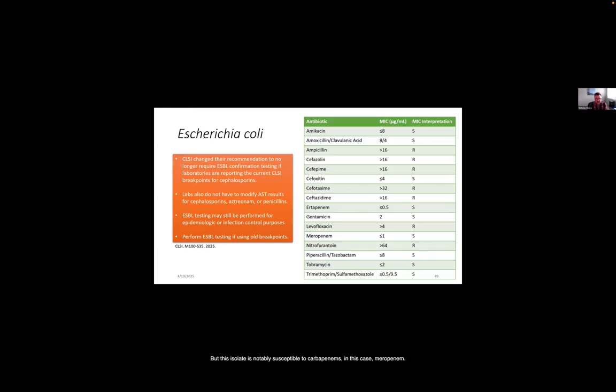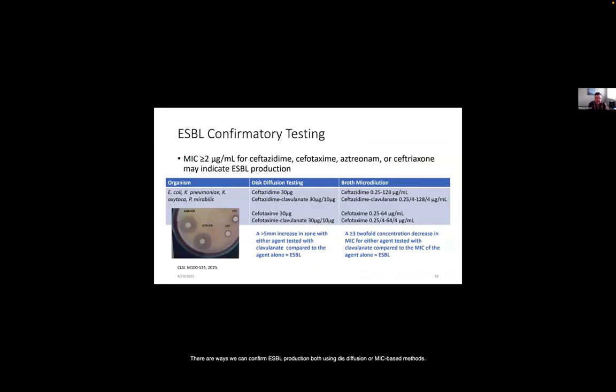But this isolate is notably susceptible to carbapenems, in this case meropenem. So we would think in this phenotype, this patient might have an organism that possesses an extended-spectrum beta-lactamase, or an ESBL. There are ways we can confirm ESBL production, both using disk diffusion or MIC-based methods.